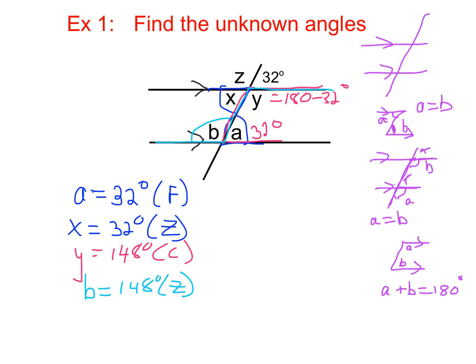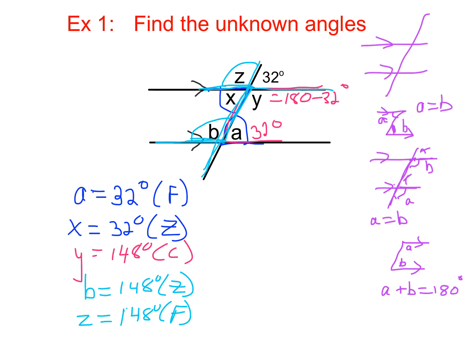And then the last angle that we have to find is angle Z, and we can now find angle Z using the F pattern. I know there's different ways that we can do it, but that's one way because both of those angles, B and Z, are on top of the line and they make a backwards F shape. And so angle Z is also 148 degrees, and that's because of the F pattern.